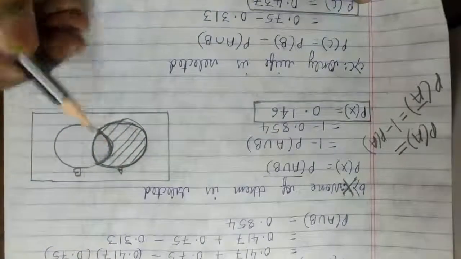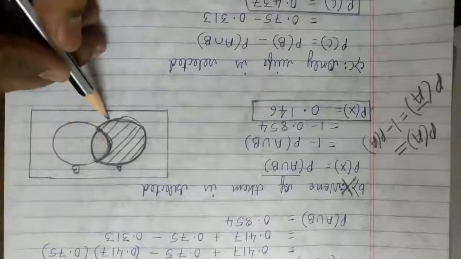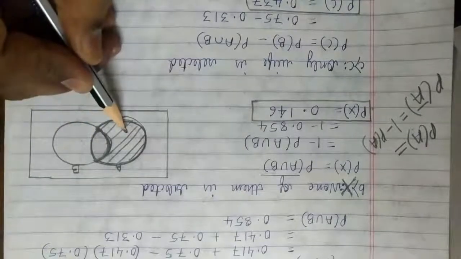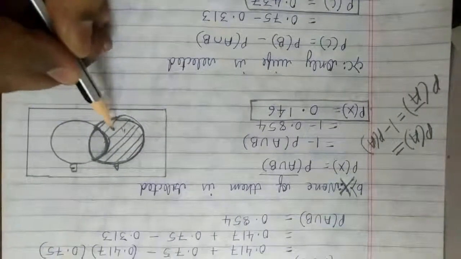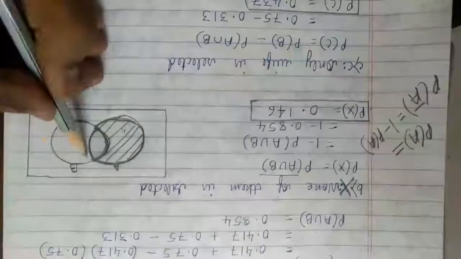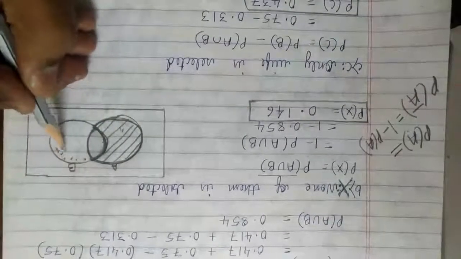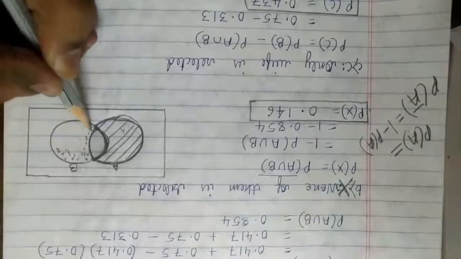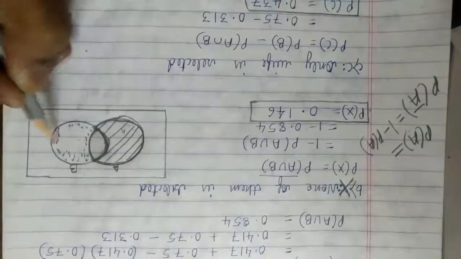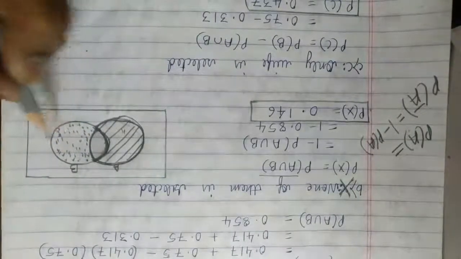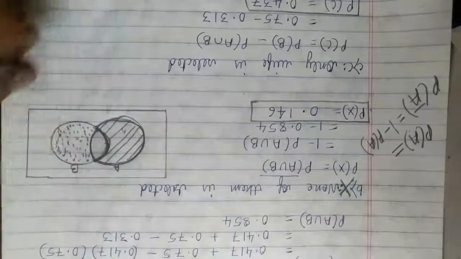Now this part is only A happening. That is, only the husband is selected. This dotted part which I am putting here means only B is happening. What is B? B means the wife is selected here.